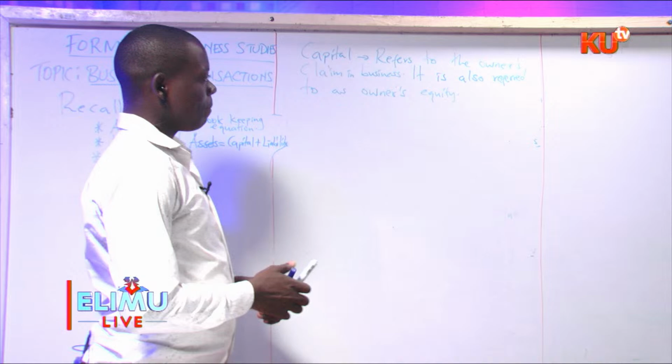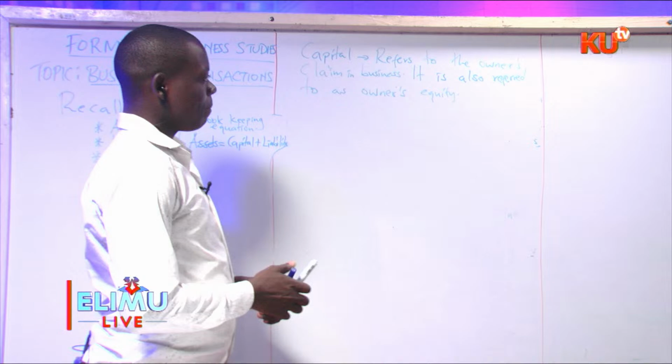Our fixed assets here, we have two: motor van and furniture. The total of motor van is 200,000. We have furniture worth 140,000.